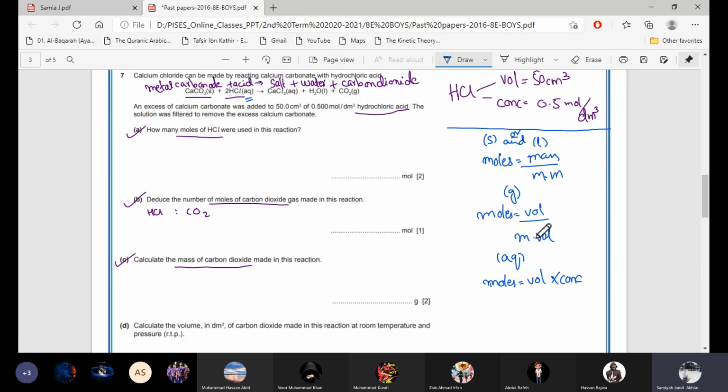So please learn these three formulas of moles, because you have to use the formulas very frequently. If not these formulas, then you have to take the ratio.